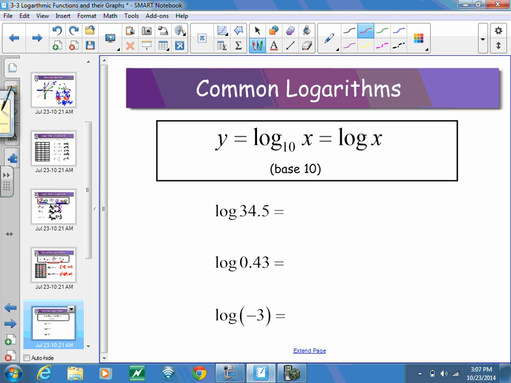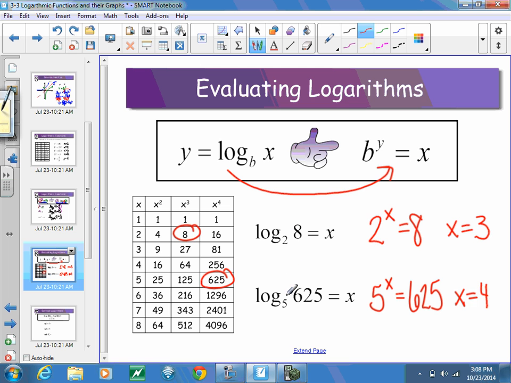They know how to calculate the common logarithm, which is a logarithm of base 10, or they know how to do a natural logarithm, which is a logarithm of base e. Well, slight problem with all of this, and that is the fact that not every logarithm, as we see right here, has a base 10 or has a base e. And so we'll be looking at how you solve those down the road.